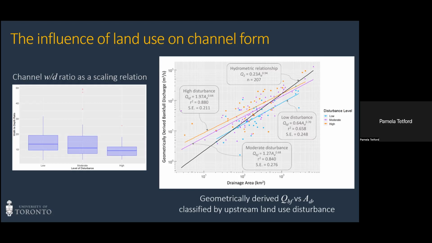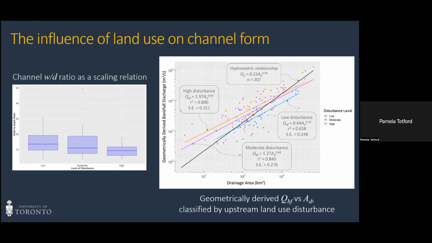However, this time we have categorized the points for the survey sites based on their level of disturbance. And for comparison, again, the hydrometrically derived drainage area discharge relationship is indicated by the black line.